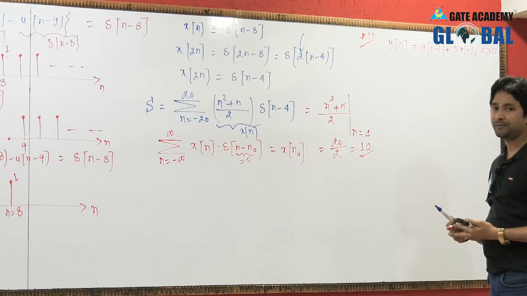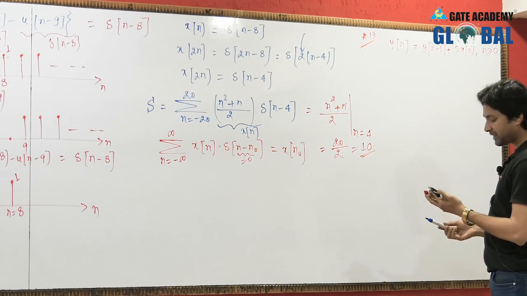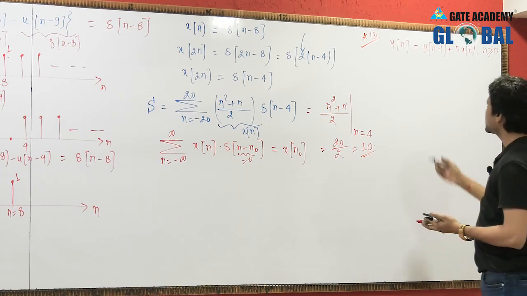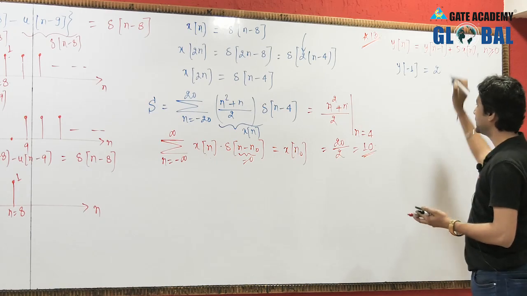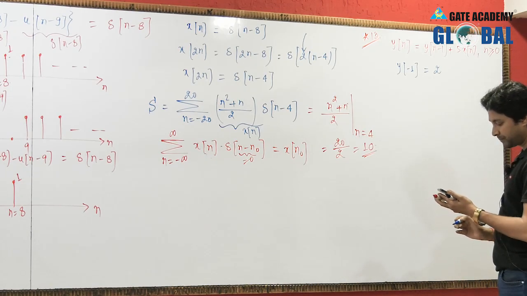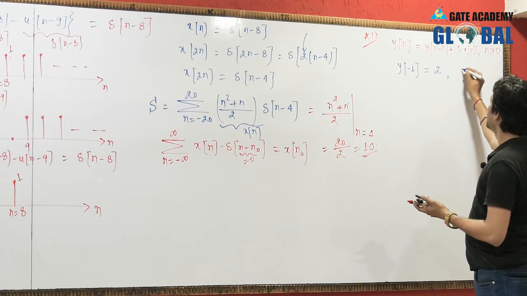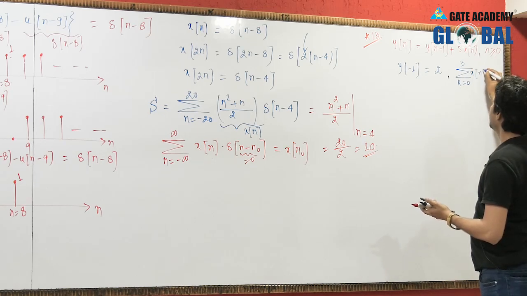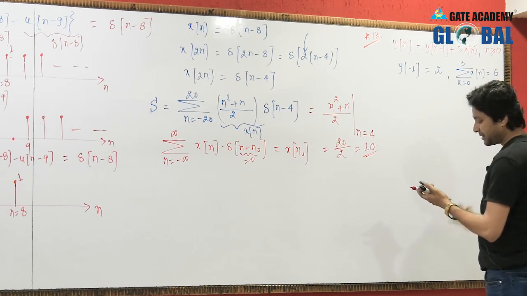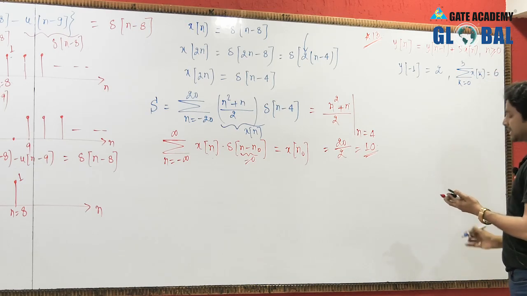It is also given that the value of y of n at n equals minus 1 is 2, that is, y of minus 1 is 2. It is also given that the summation from k equals 0 to 3 of x of k is equal to 6.